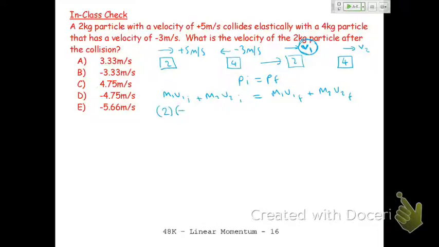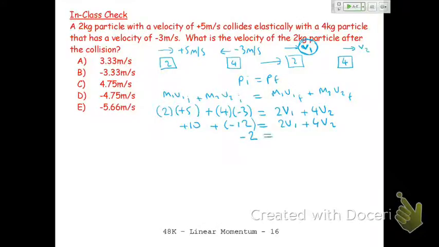So 2 times plus 5 added to 4 times minus 3 is equal to 2V1 plus 4V2. So let's just do one more little step. That's plus 10 added to minus 12 is equal to 2V1 plus 4V2. So that's minus 2 equals 2V1 plus 4V2. Agreed? Just rearranged.